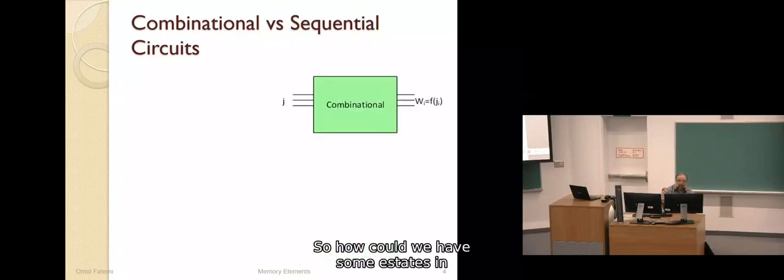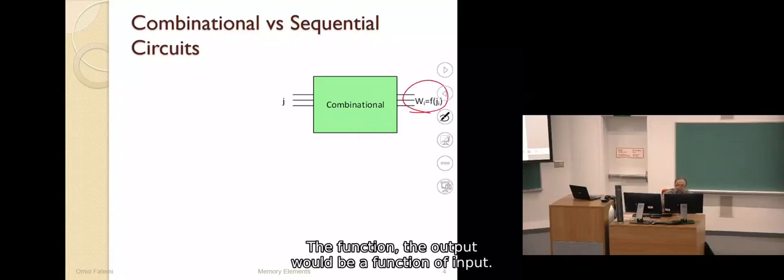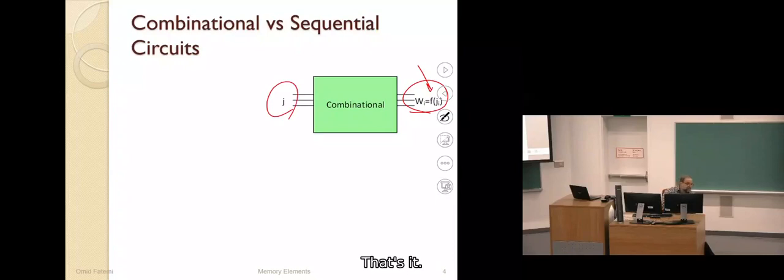In a combinational logic circuit, whatever the function, the output would be a function of the input. That's it. So if you change the input, the output might change or might not change.